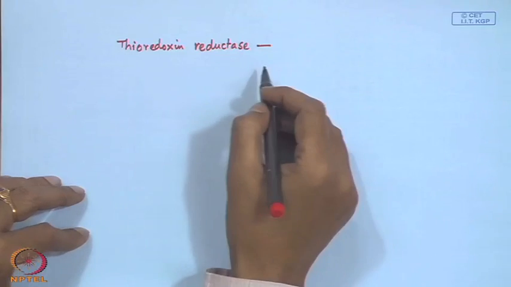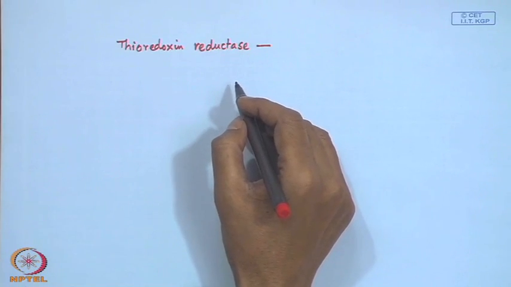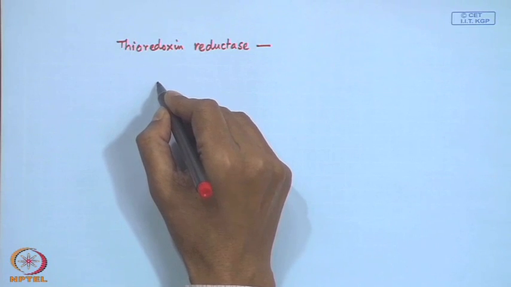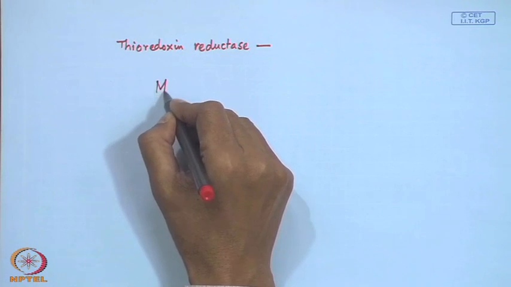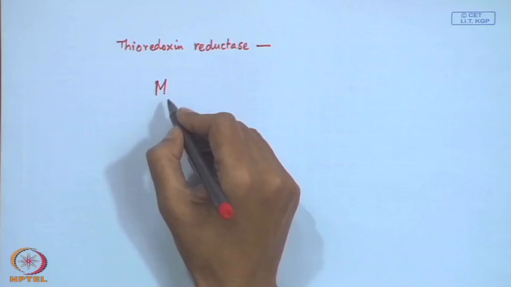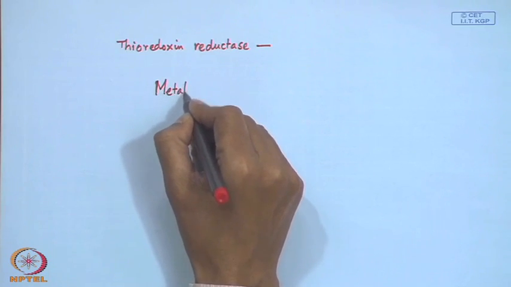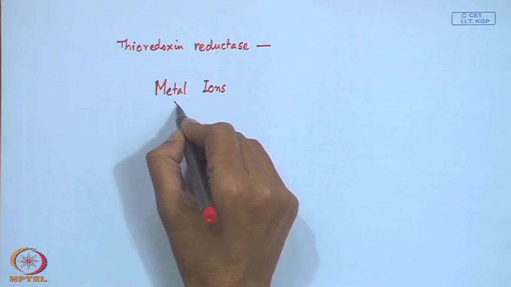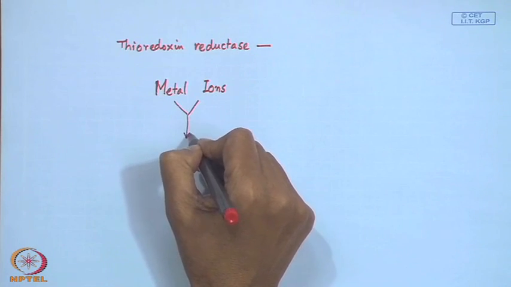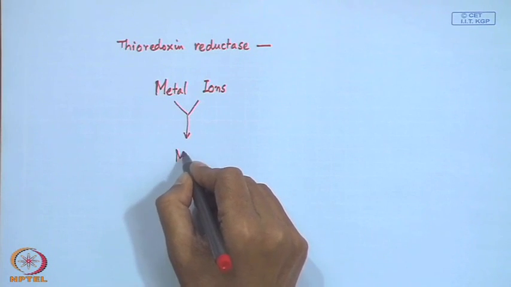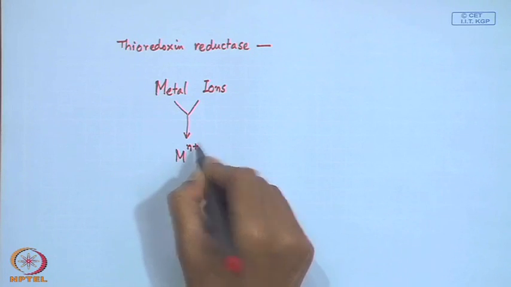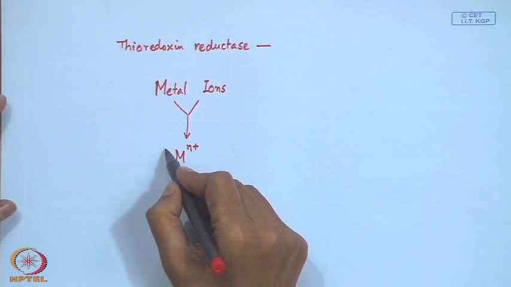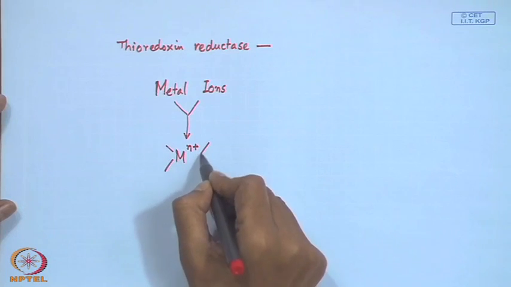So, all these three types of molecules we have seen throughout this particular course, where we started our journey from the involvement of the different metal centers, the metal ions. When we have the metal ions, we have the chance of getting these metal ions in different oxidation states, whether it is Mn plus 2 or plus 3, in the typical environment.